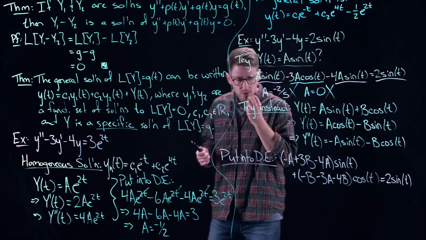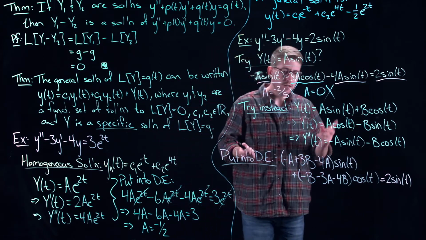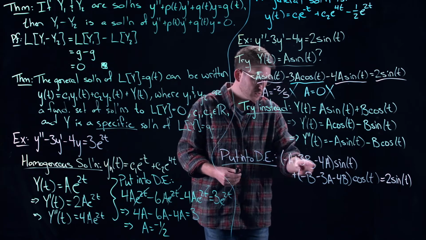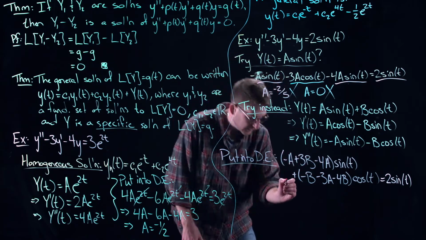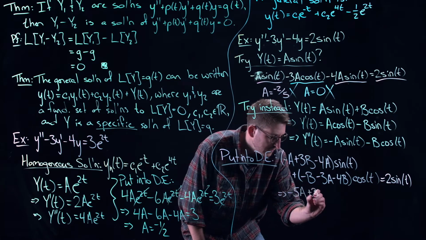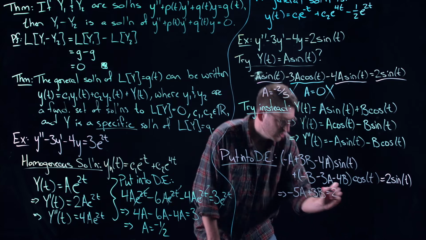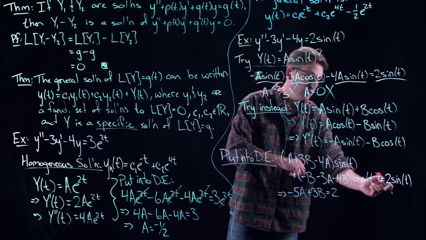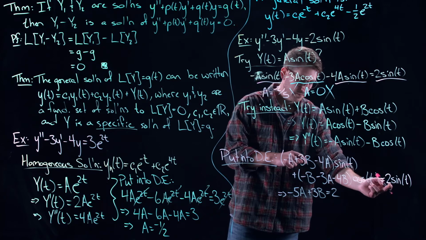And so now you get two linear equations. The first one, if you simplify this back nicely, gives you minus 5a plus 3b is equal to 2, because I have this many sines on the left and 2 sines on the right.